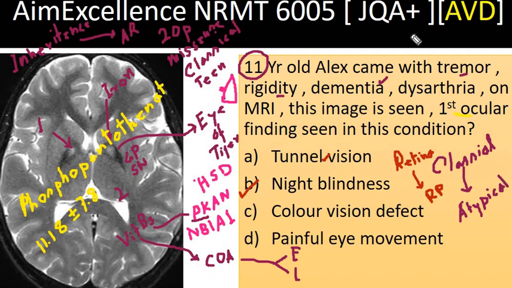There are three conditions, apart from Wilson and a few others, which can mimic this kind of presentation, but their important findings and how to distinguish between them will be told in detail in F2F only.